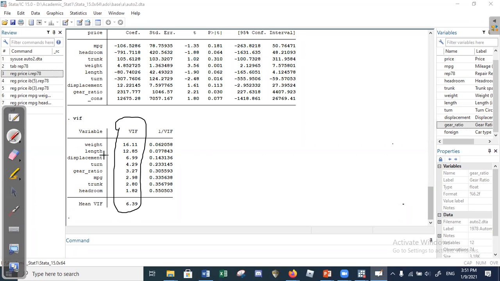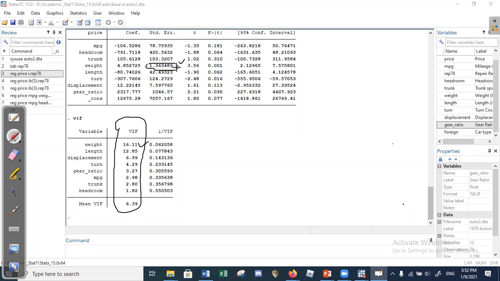So the VIF value corresponding to weight is 16.11. What does it mean? That the variance of the OLS estimator associated with the variable weight is inflated by a factor of 16.11. The reported variance corresponding to weight would be the square of the standard error, the square of 1.363489.